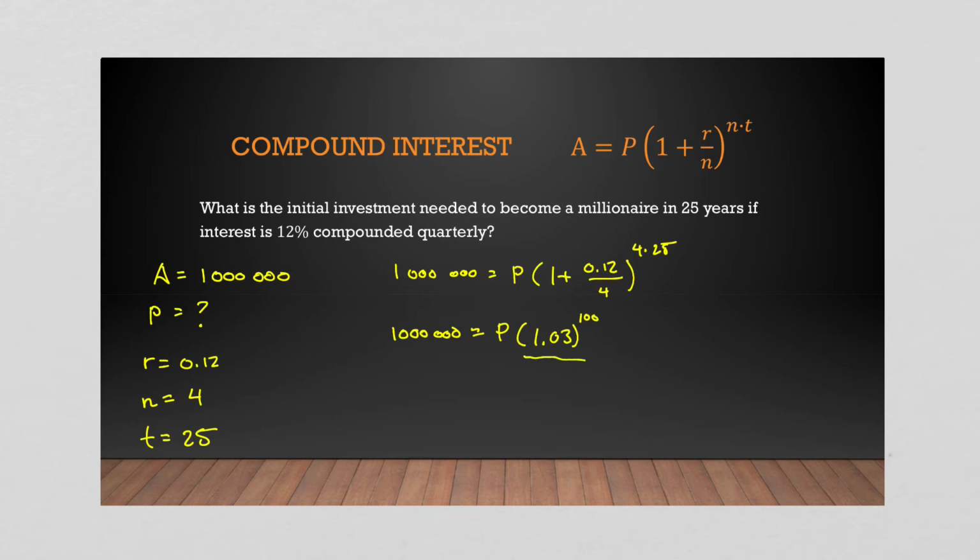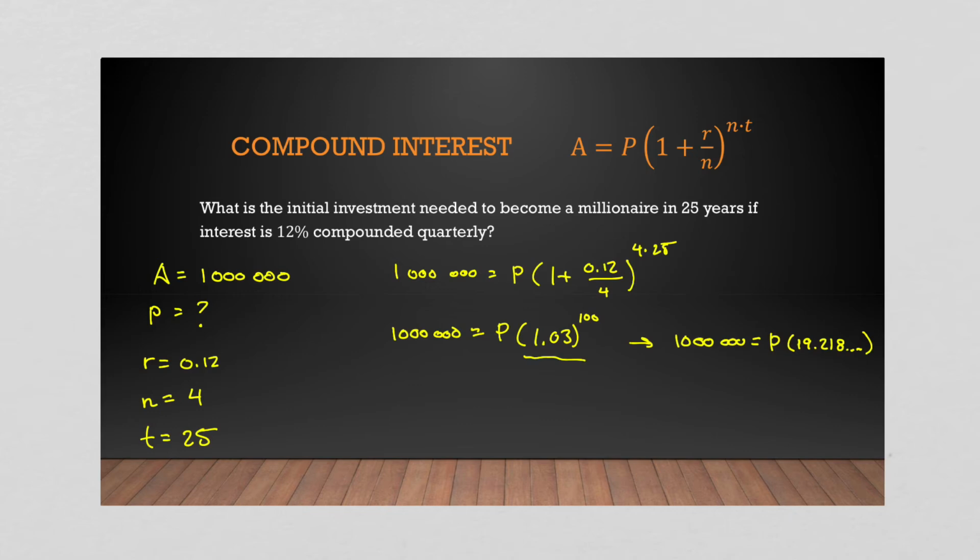So now we do that part, which gives you 1 million equals principal times a very long number, 19.218 and so on. And we're just going to divide both sides by that amount.